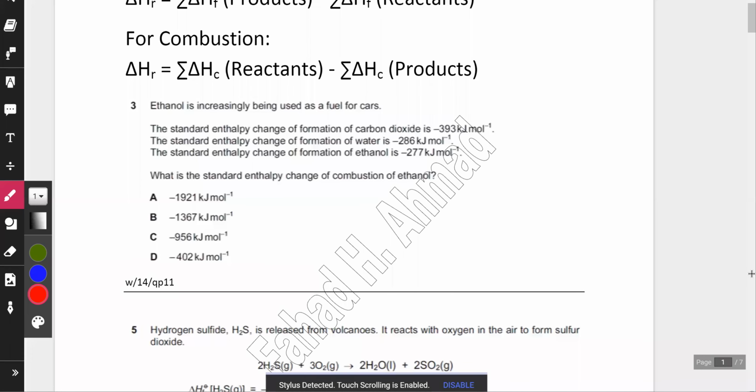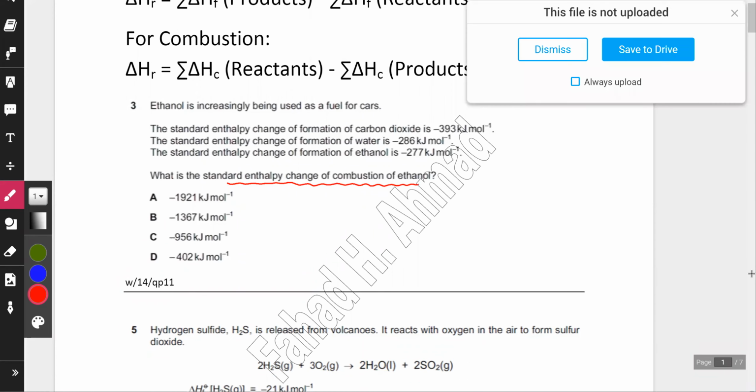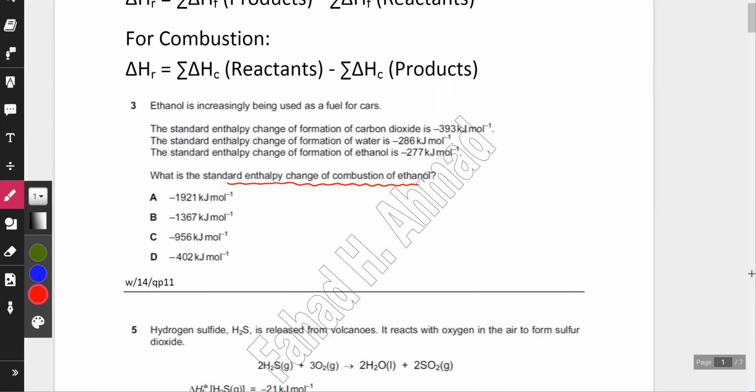So if you look at the question, they're asking us to figure out the standard enthalpy change of combustion of ethanol. What do you think is the equation for the combustion of ethanol? Do you know what the formula of ethanol is?